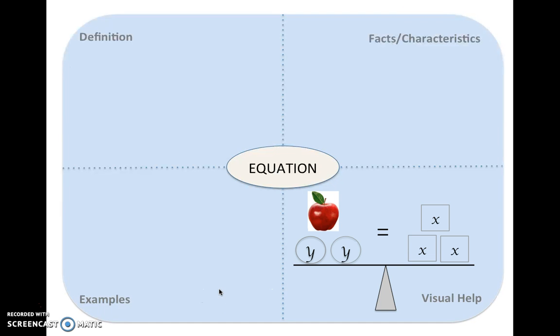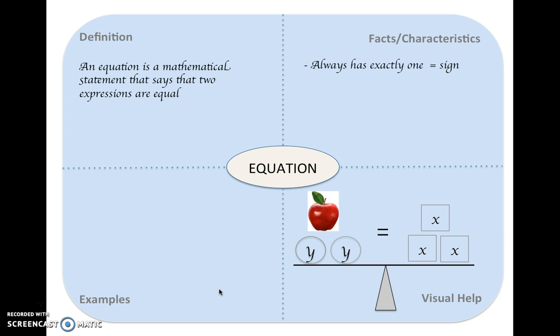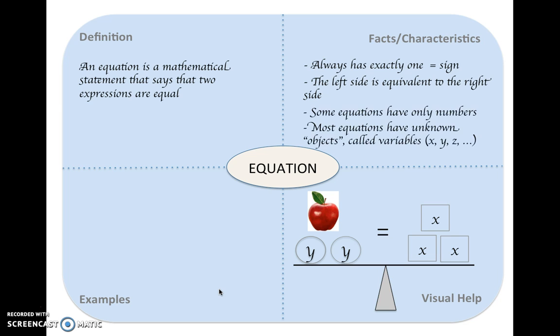Let's bring this together on our index card. An equation is a mathematical statement that says that two expressions are equal. An equation always has exactly one equal sign. The left side is equivalent to the right side. Some equations only have numbers, but most equations, especially the one we will work with, have unknown objects that we call variables, x, y, z, or others.